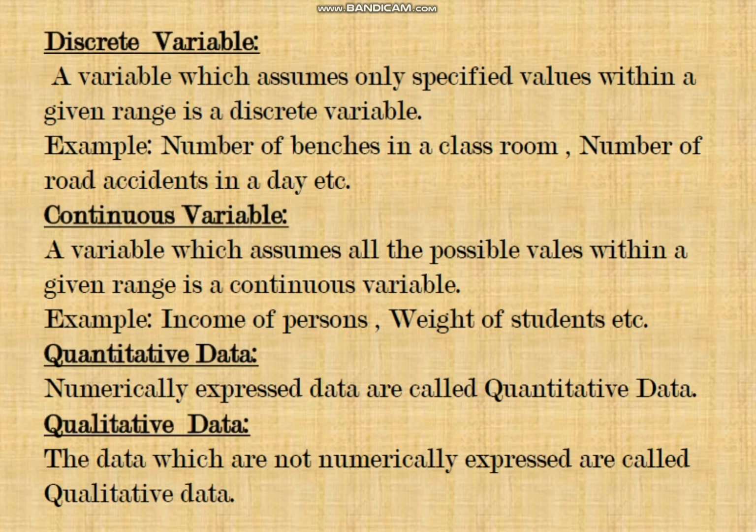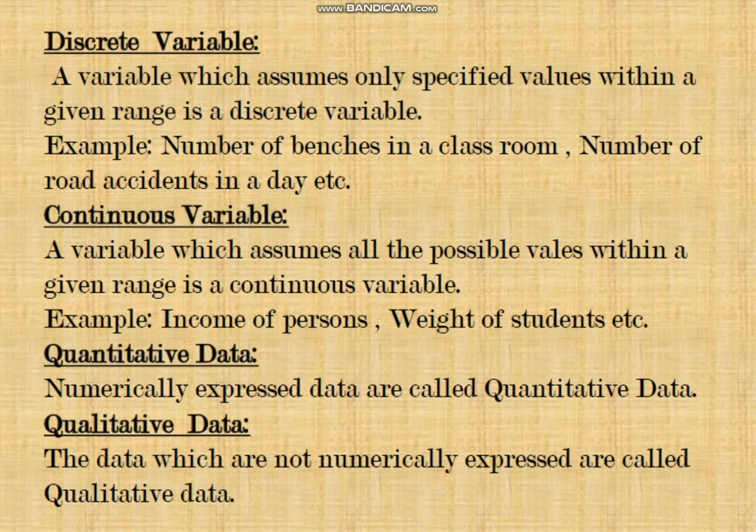Now, number of road accidents in a day. Whether an accident is very severe or mild, it is still considered as one accident. So here again we use the number 1. The number of accidents in a day could vary.